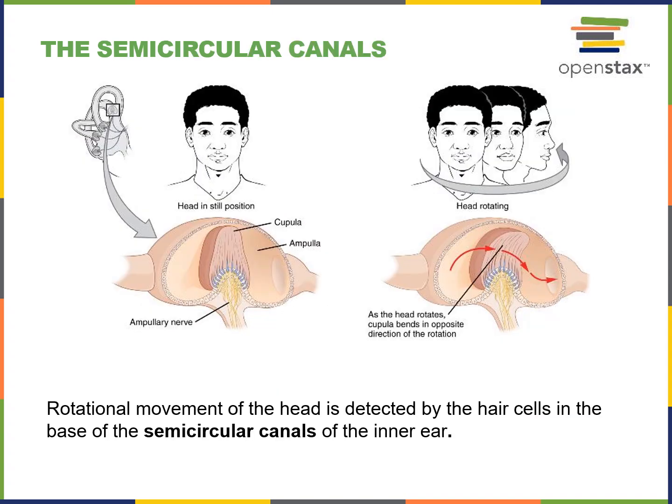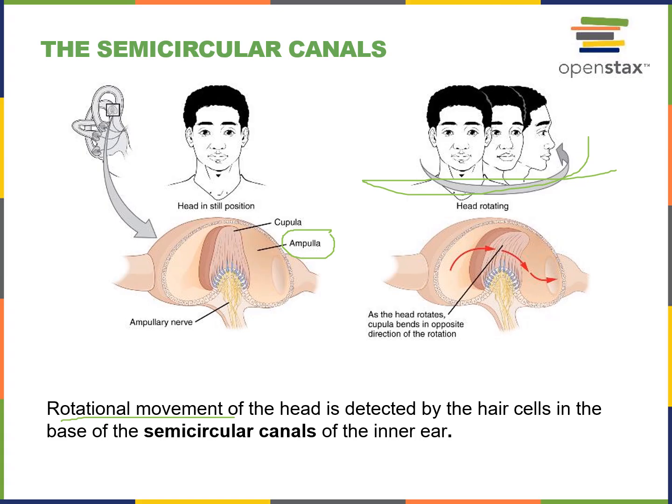The semicircular canals have more to do with rotational movement of the head, so moving your head essentially side to side, etc. There's a different structure called the ampulla that's essentially responsible for that, and it's basically the same philosophy.